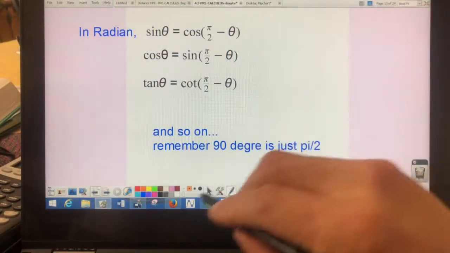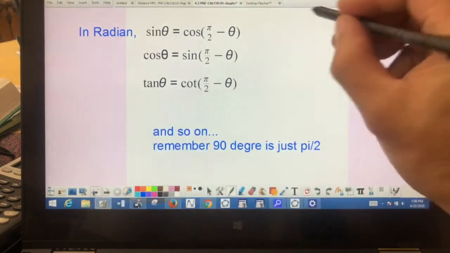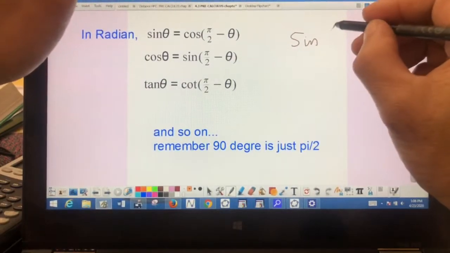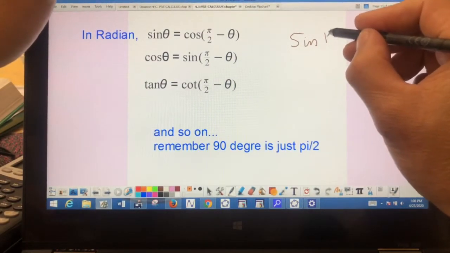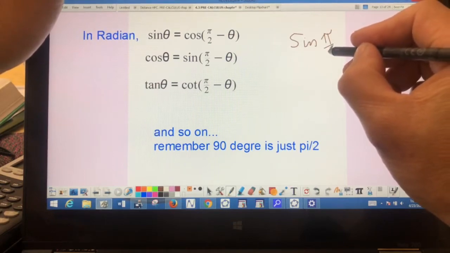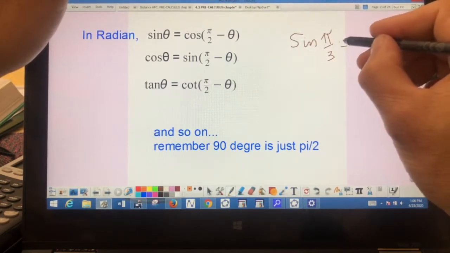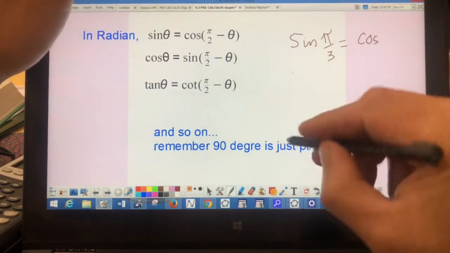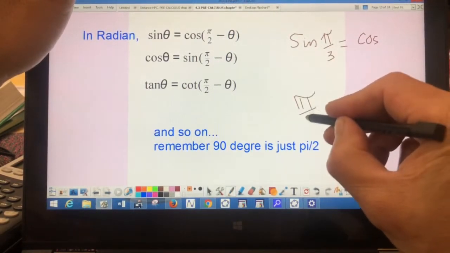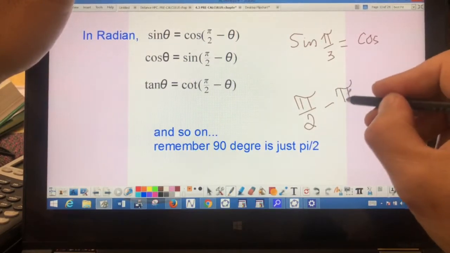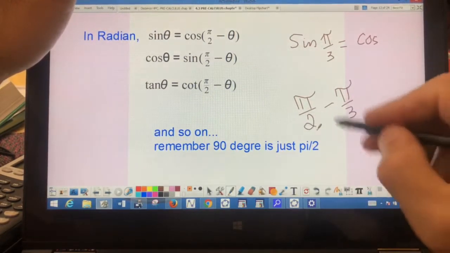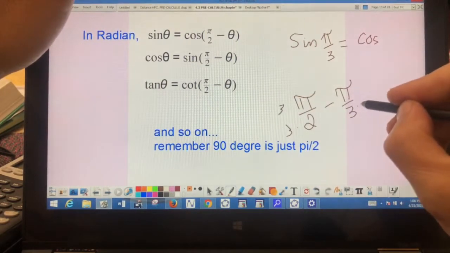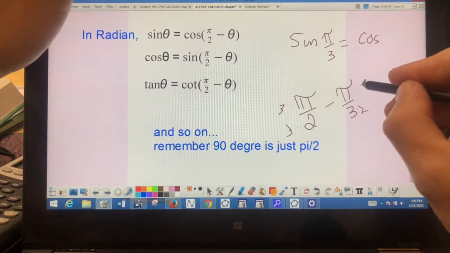Let's see. If I have a sine of, this is cofunction by the way, of pi over 4, or pi over 3. Let's put pi over 3 here. What would that equal to when you have a cosine as a cofunction? So you'll take pi over 2 minus your pi over 3. Of course, you have to get your common denominator, so you multiply this by 3 and this guy by 2 to get your 6 in the bottom.